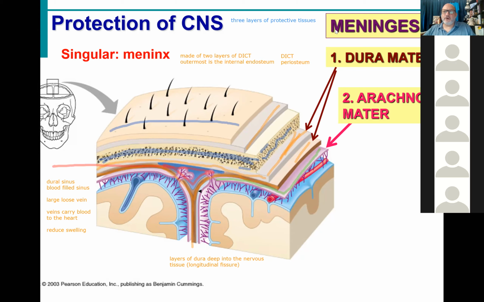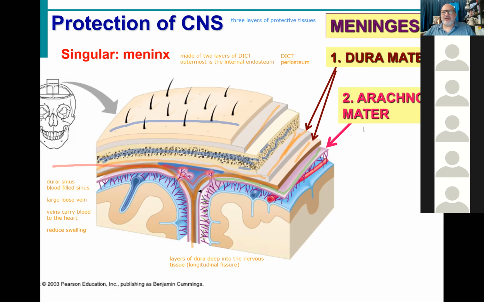If you have arachnophobia, what are you scared of? Spiders. Right. Notice this layer has a lot of tiny little fibers that have kind of a cobwebby appearance that forms this space.